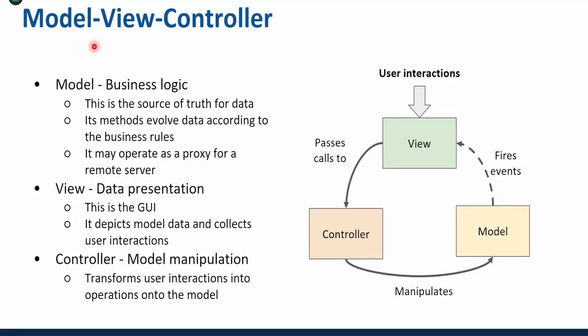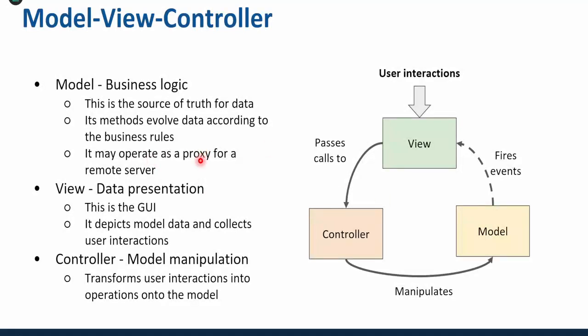So the model will host the business logic, the source of the data, which will eventually be stored locally or on the web, and it exposes some methods to let your data evolve according to the business rules.